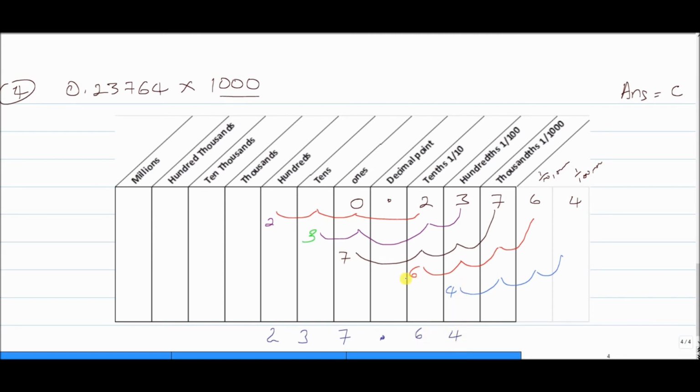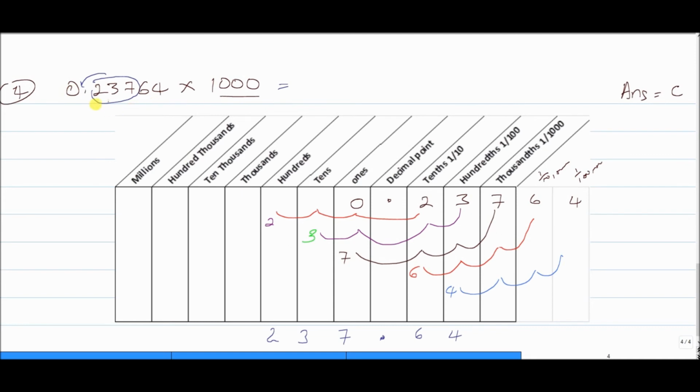Okay, that's them moving physically like that, so you can see it clearly. To do it a shorter way, which is of course how you'll do it in the exam, you will look for what? 1, 2, 3 digits to the immediate right of the decimal point, and we have those 3 here, and we will move them all over and put them right behind whatever digit occupies the space there.